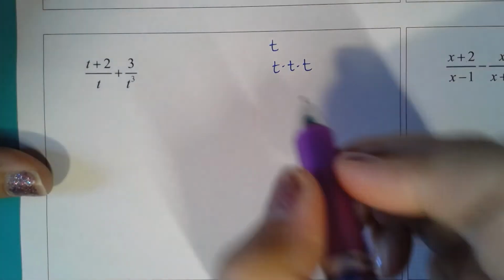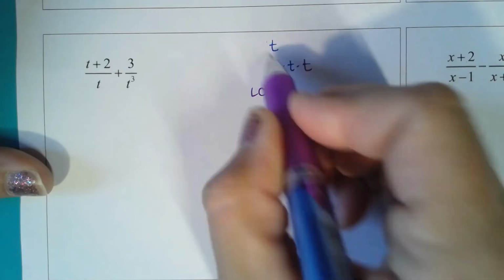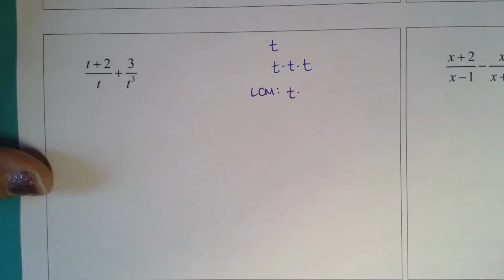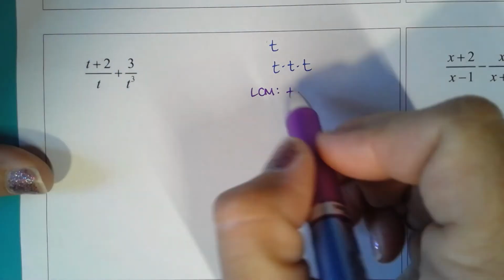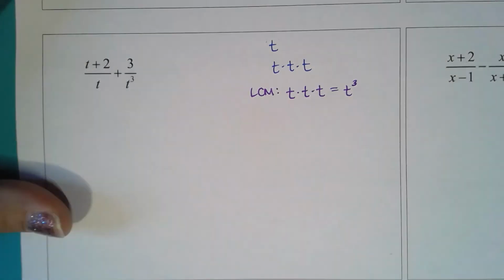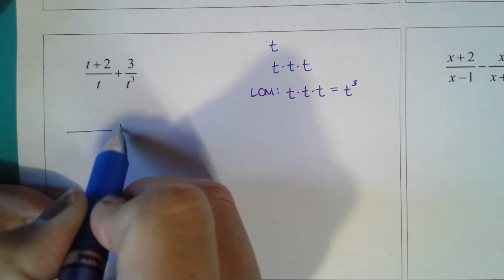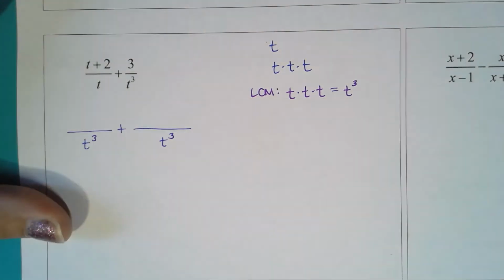So my least common multiple needs every factor from the first denominator. I need every factor from the second denominator. I need 3 t's, and right now I only have 1. So I need 2 more. My least common multiple is t cubed. So that's my common denominator.